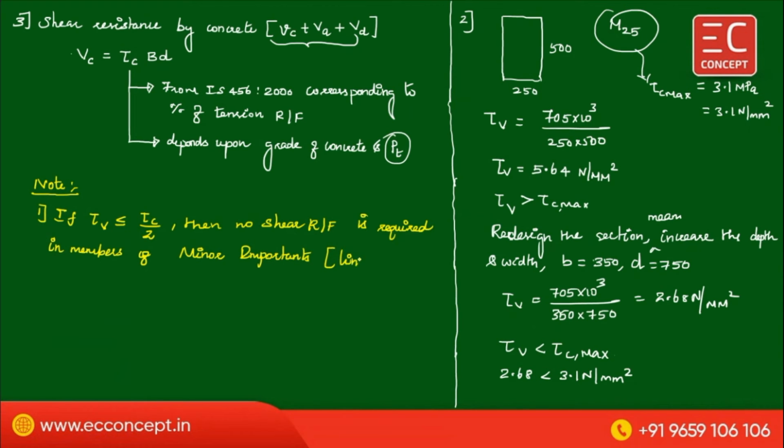For example, a lintel. So if the nominal shearing stress on the beam is less than the permissible shear resisted by concrete divided by 2, then no shear reinforcement is required.